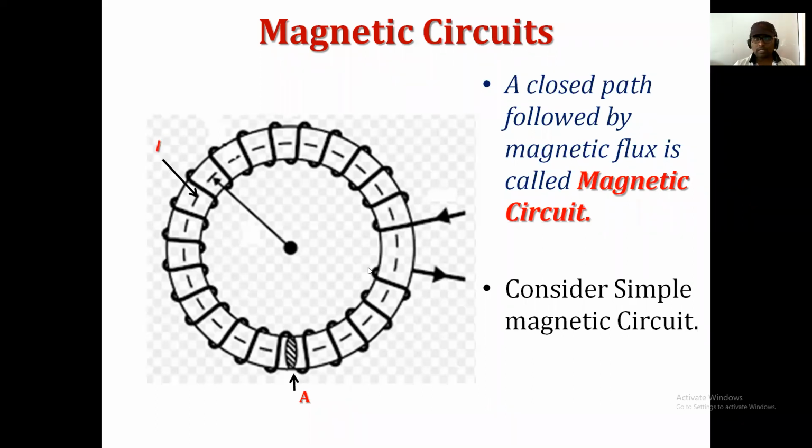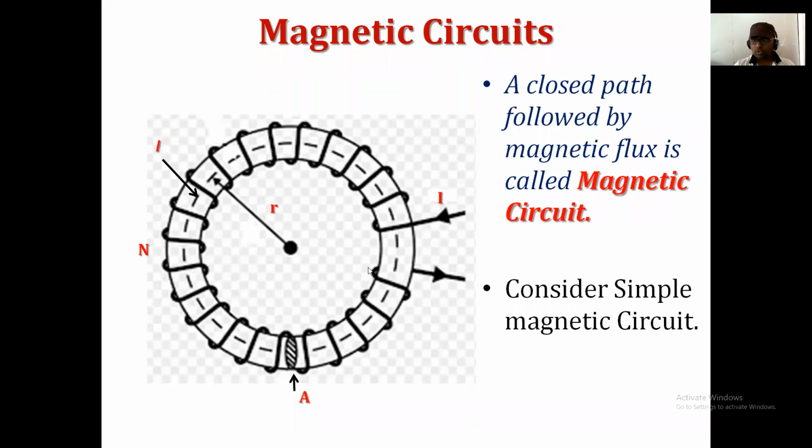The length of the iron ring is L meter. The number of turns wound on the iron ring is N turns. The radius of the iron ring is R meter, and the current flowing through the coil wound on the iron ring is I ampere.